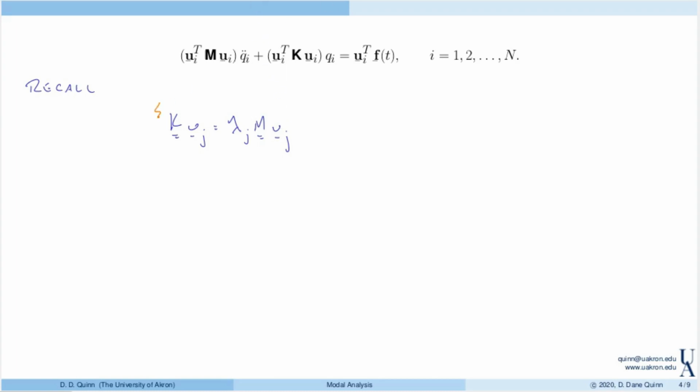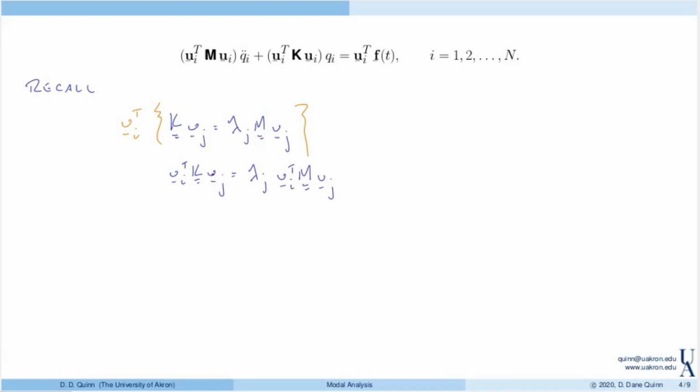So I'll come along and pre-multiply by ui transpose. This could be a different, or it could be the same eigenvector as uj. So when I do this, I end up with ui transpose times k uj is equal to lambda j ui transpose times m uj.